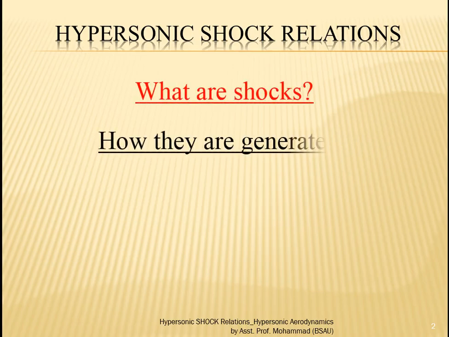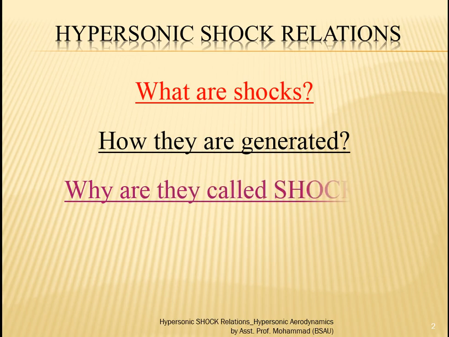There are a few basic questions which can be asked to just refresh your memory of the shock information which we have studied in your supersonic subject. What are shocks? How are they generated, and why are they called shocks? Simple questions. Shocks are basically discontinuities, and essentially they are compression waves.